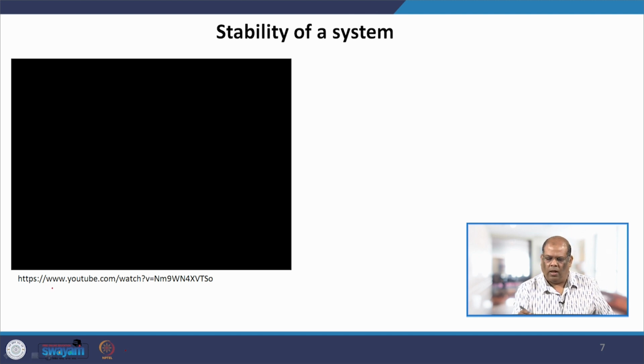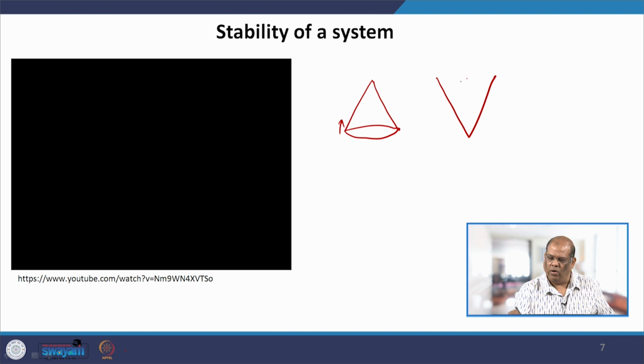Another common example is that you can consider a cone, which is an example of stable equilibrium. If you give a small push, it will come back to its original position. If I consider an inverted cone and I give a small push, obviously it will fall down and it will not come back to its original position.